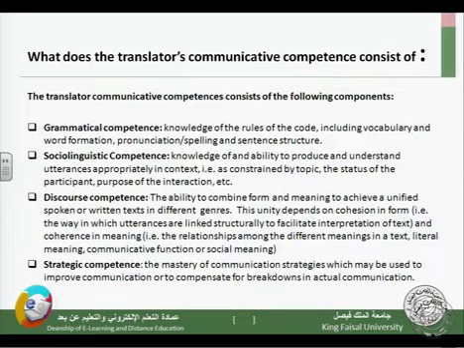Now, a third one, discourse competence: the ability to combine form and meaning to achieve a unified spoken or written text in different genres.